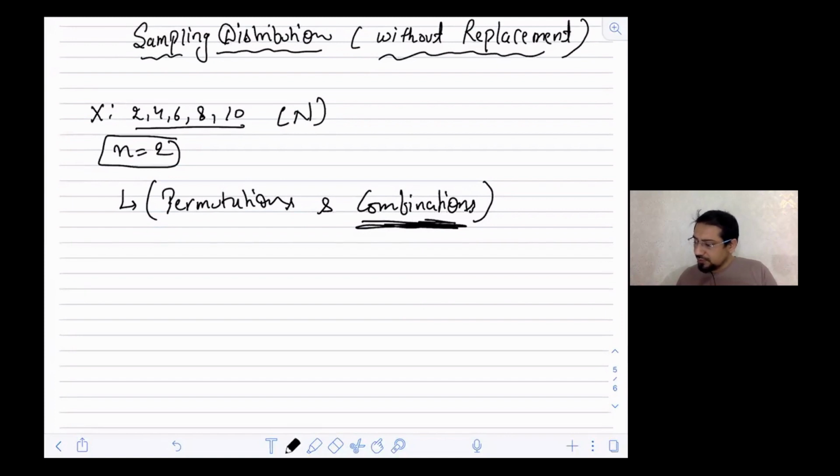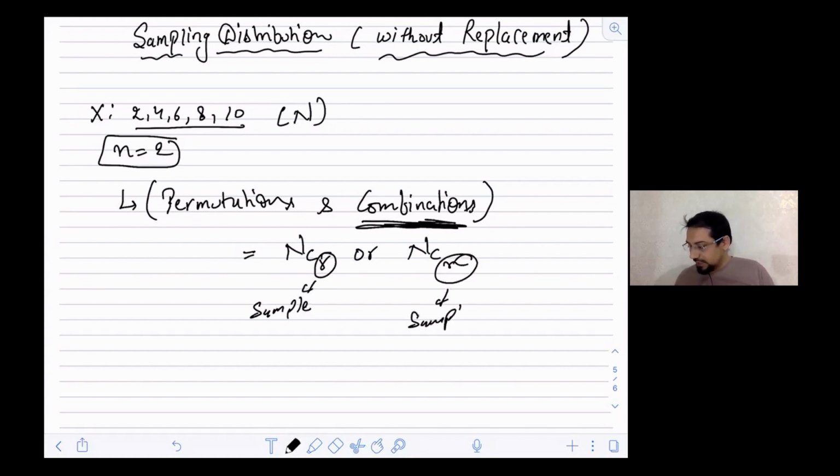Our first job is to know how many samples could be possible. To know that, there is a combination formula called nCr, or sometimes people write nCn. R refers to the sample, and the big N is the population, and C refers to combination.